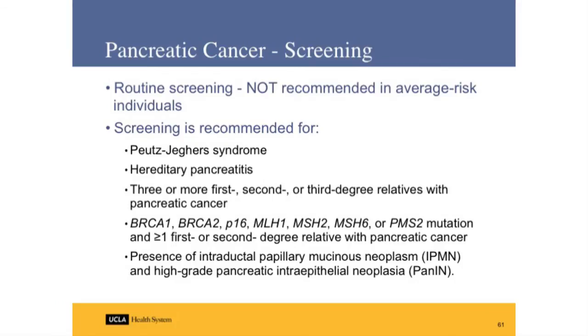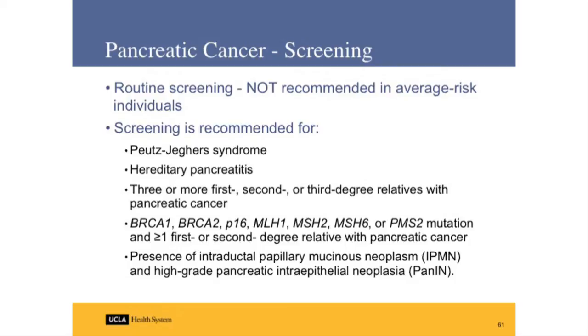So routine screening is not recommended in average risk individuals, but routine screening is recommended for certain patients who have these hereditary conditions. They include patients with Peutz-Jeghers syndrome, patients with hereditary pancreatitis, individuals that have 3 or more first, second, or third degree relatives with pancreatic cancer.